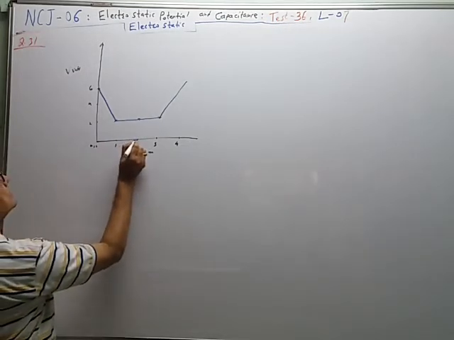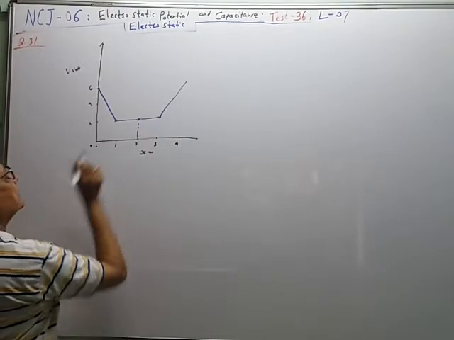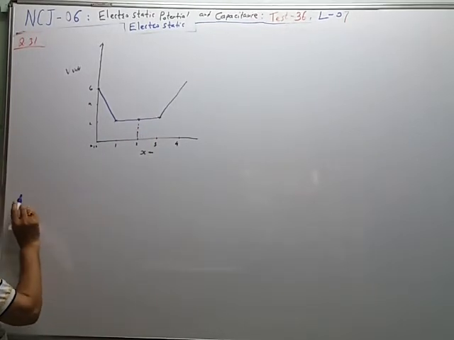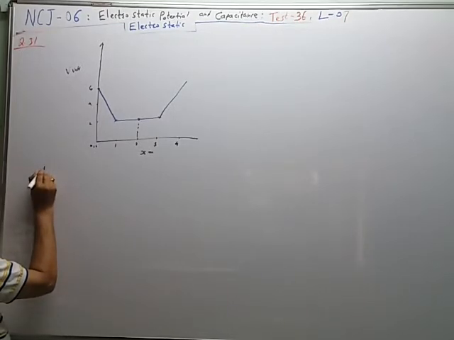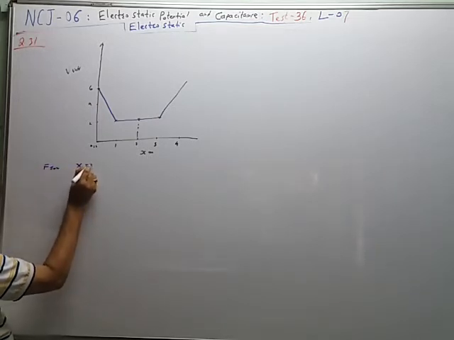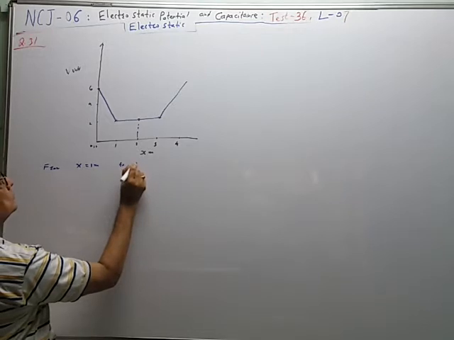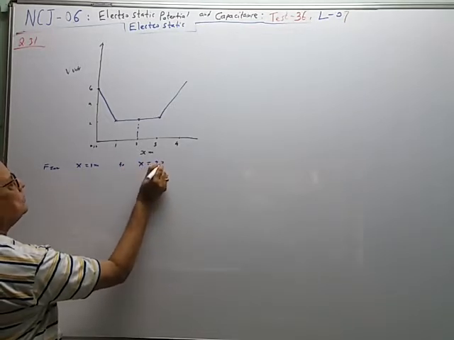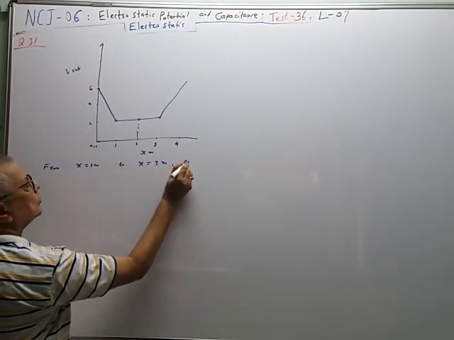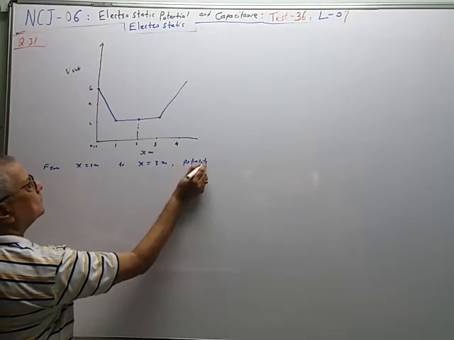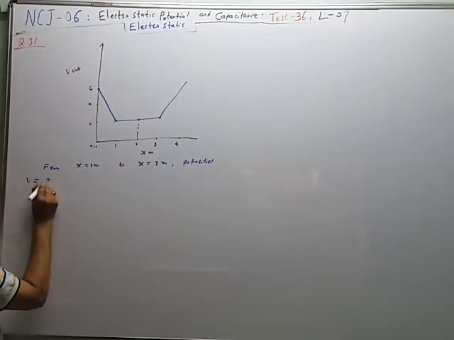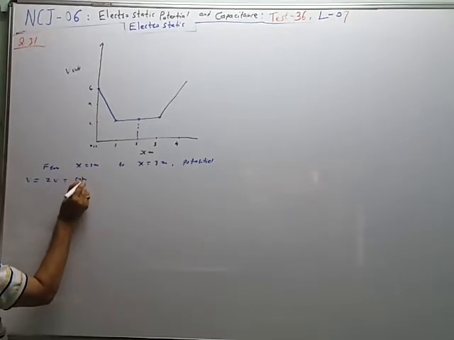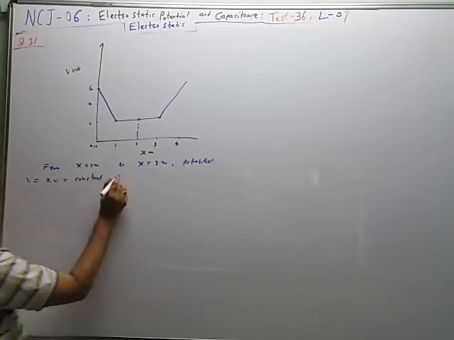So what to find? This electric field at this 2. So from x is equal to 1 meter to x is equal to 3 meter, potential V is 2 volt, is equal to constant.